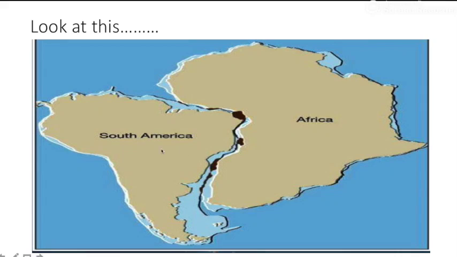If you look at the world map, the South America and Africa, they were combined earlier. Now they are separated. They are two different continents. But what is surprising, South America can easily fit in Africa. Both can fit each other, because earlier they were combined.